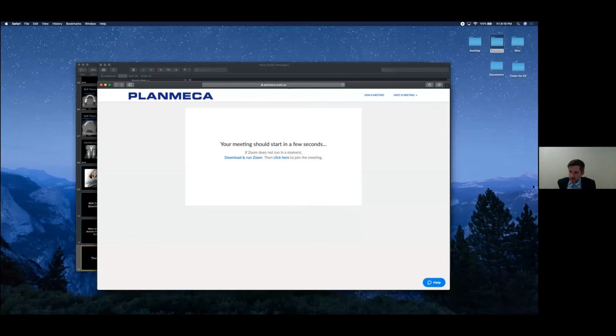Someone asked, would you take a cone beam on new patients rather than a panoramic, since you can get a panoramic with the cone beam, and the cone beam gives you much more information? The answer to that question, personally for me, is yes.